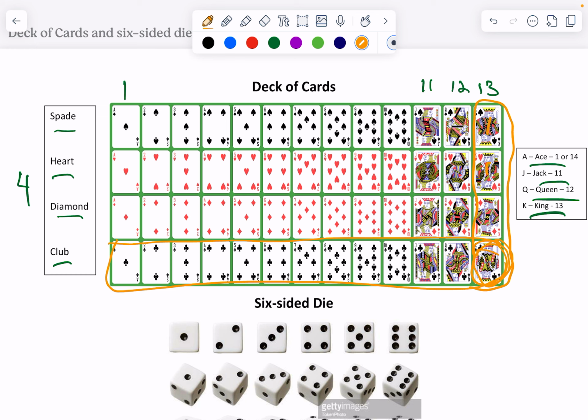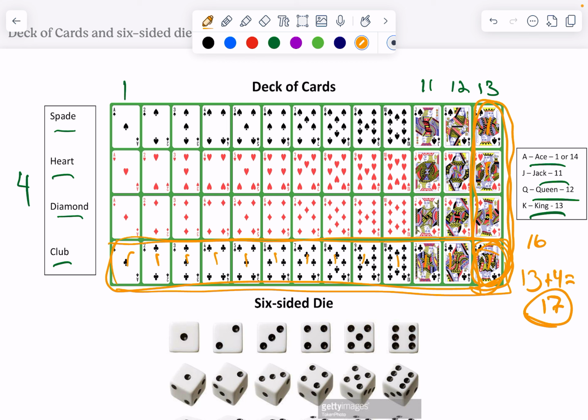So 1, 2, 3, 4, 5, 6, 7, 8, 9, 10, 11, 12, 13, 14, 15, 16 cards. So what I meant to say is that we don't count it twice. So notice that this would be 16 cards. If we just added the number of clubs, that's 13, and the number of kings, that would be 4, this would be 17.